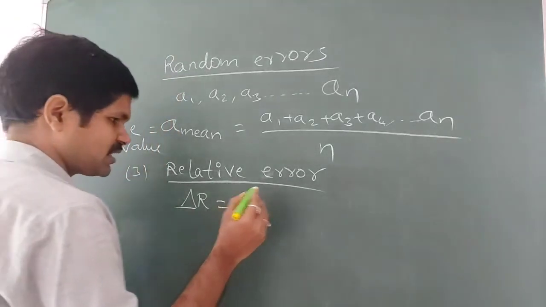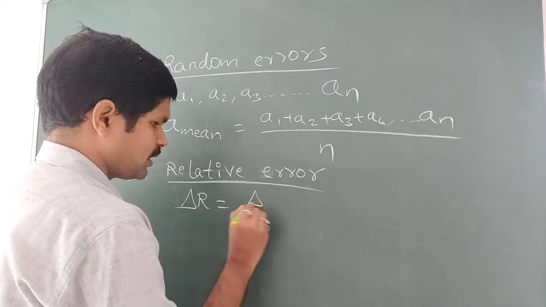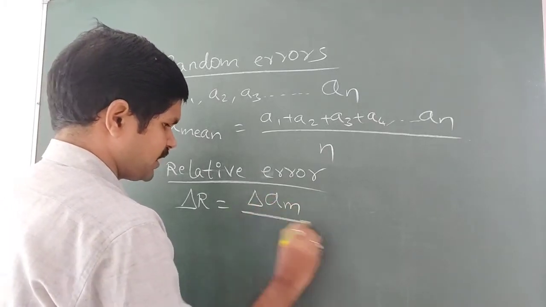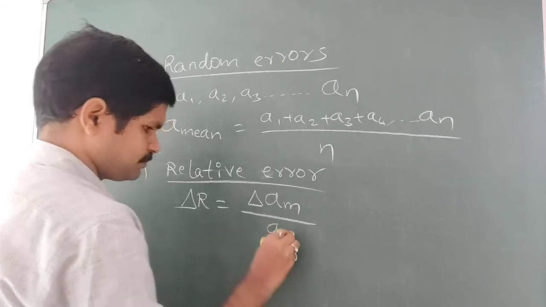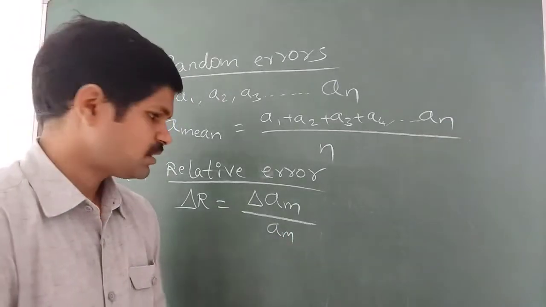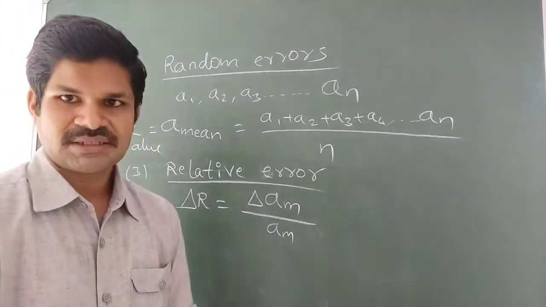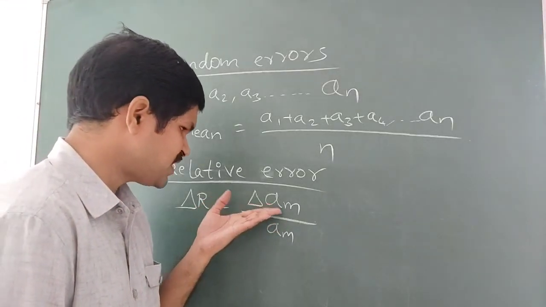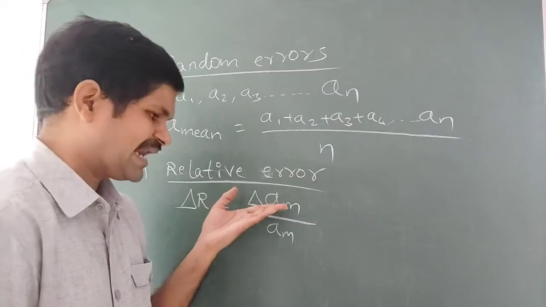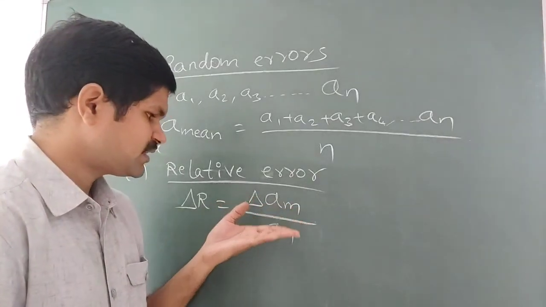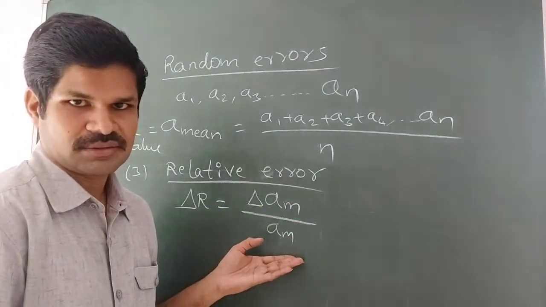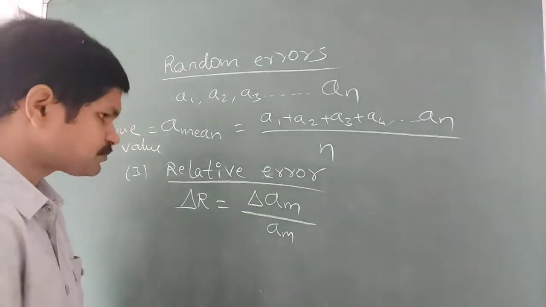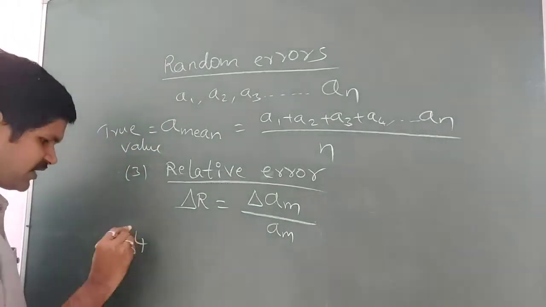This relative error is delta AM by AM, that is, the mean absolute error divided by the arithmetic mean, which is the true value.